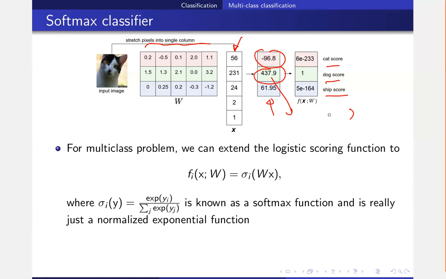Let me just write this. I have weight cat, W_C, multiplied by x, and then I have weight dog.